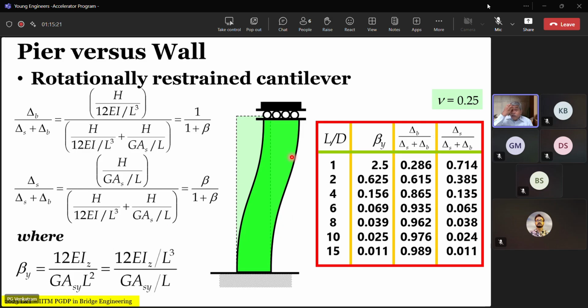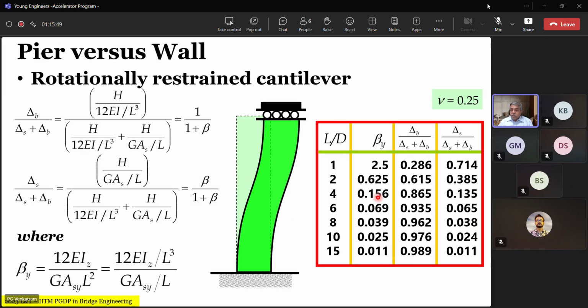Now, if you take a look at a rotationally fixed cantilever and you take the ratio of the flexural deformation to the total deformation, shear plus flexure, that reduces to 1 by 1 plus beta, or the ratio of shear deformation to shear plus flexural deformation reduces to beta by 1 plus beta.